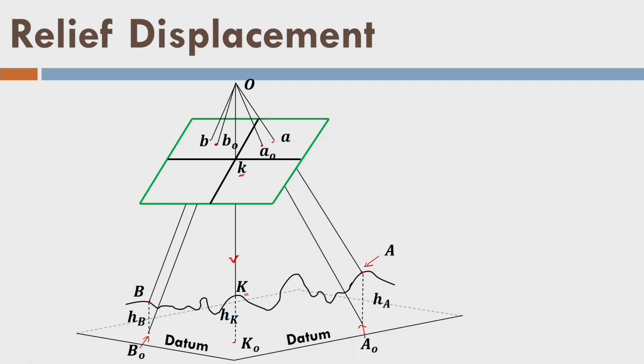So, it is creating the image at b, right. As a result I can see that the image of point B is shifted from b0 to b because of the height of the location B with respect to datum, and I am still measuring my flying height above the datum, right.